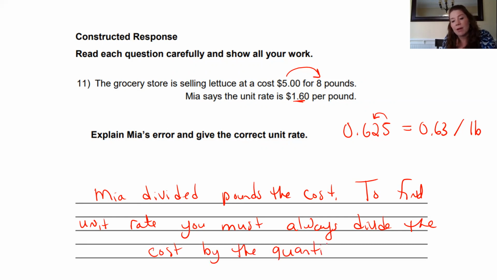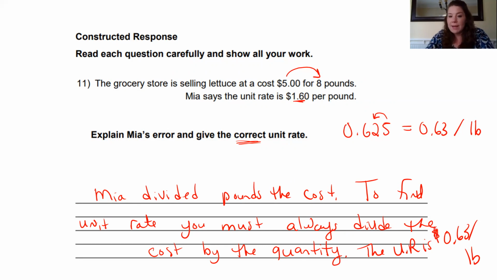How many pounds? How many ounces? How many? Whatever. So anyway, and I would also say, oh, since it says give the correct rate, I'd say the unit, of course, I'm running out of room. The unit rate is 63 cents per pound. All right.